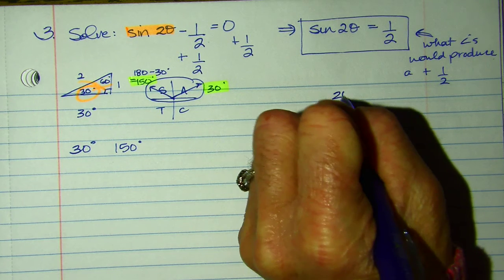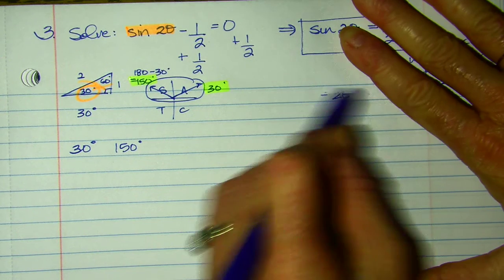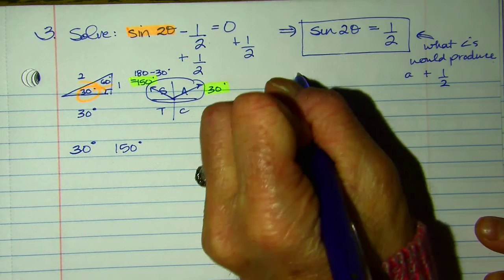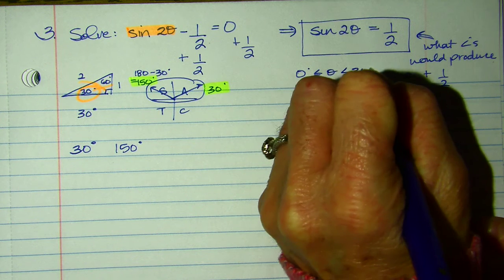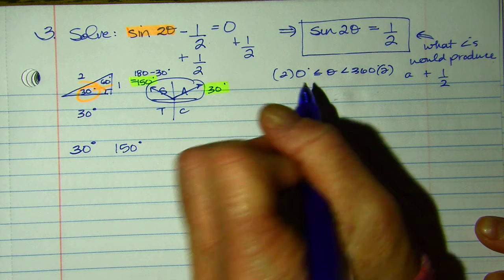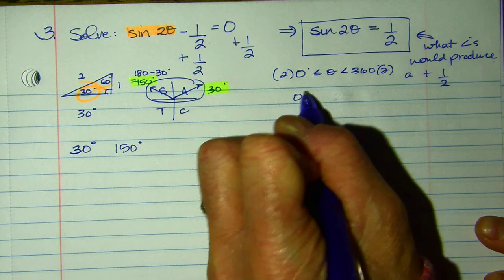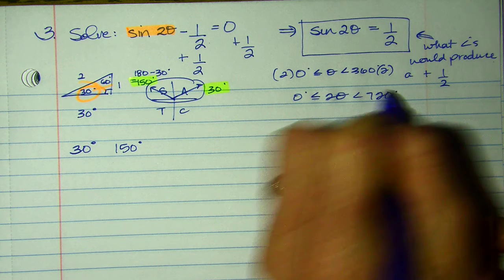So 2 times theta would be 2 times 0, whoops. My original domain is 0 degrees is less than or equal to theta, which is less than 360. But I have to multiply everything by 2, right? So 2 times 0 is still 0 degrees is less than or equal to 2 times theta, which is 720 degrees.